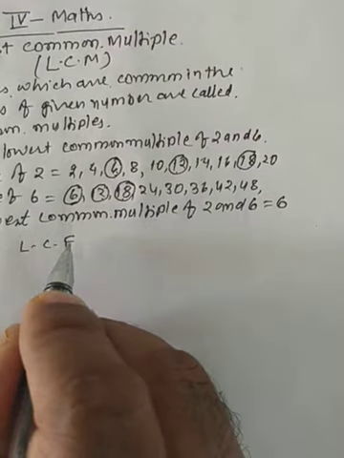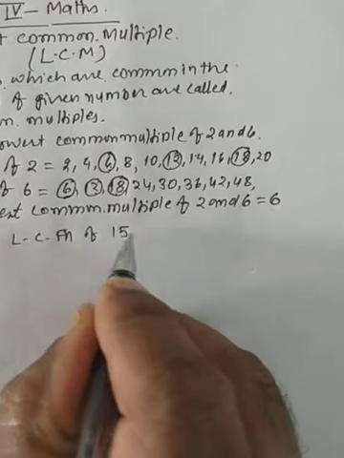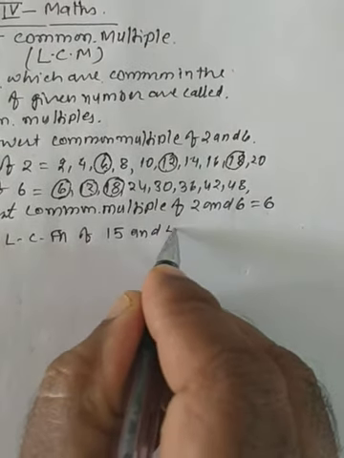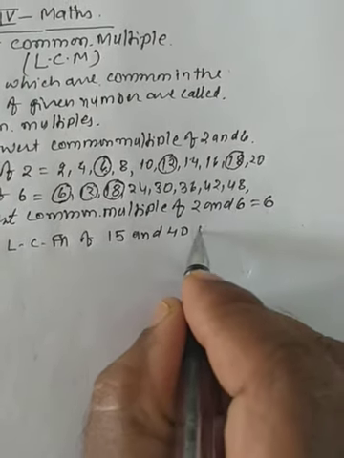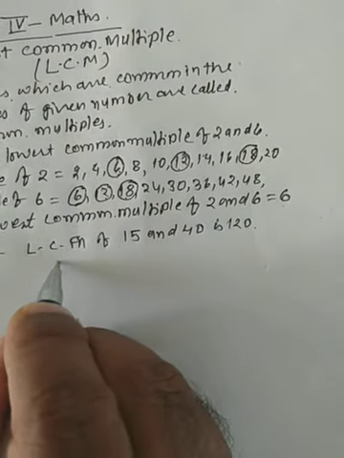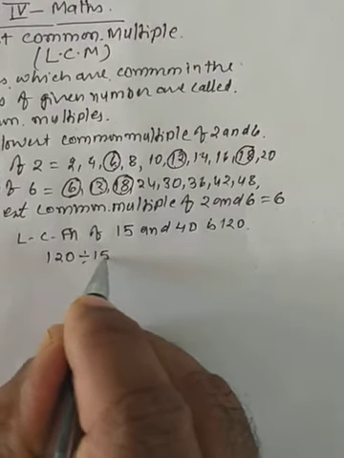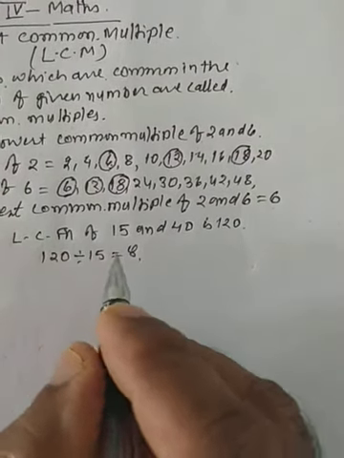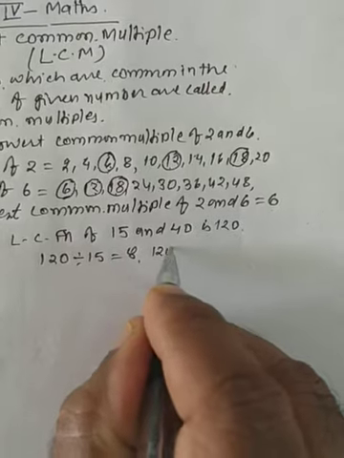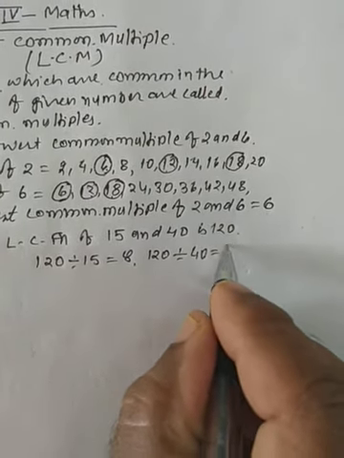For example, LCM of 15 and 40 is 120. So 120 divided by 15 is equal to 8 and 120 divided by 40 is equal to 3.